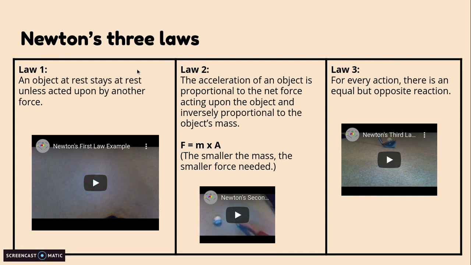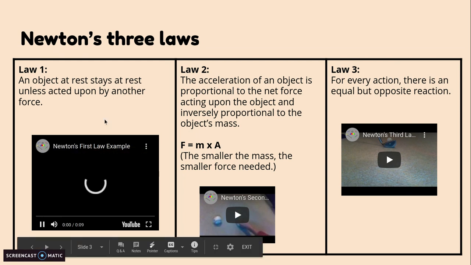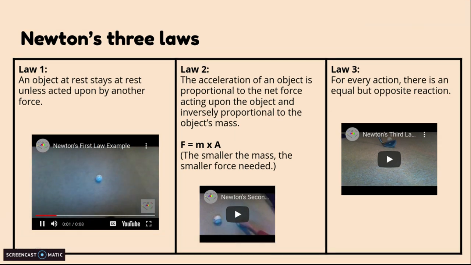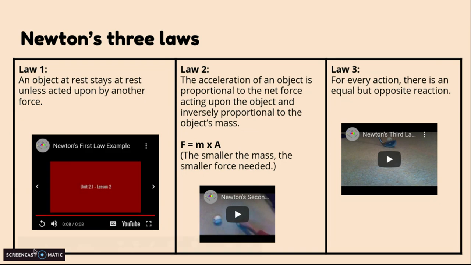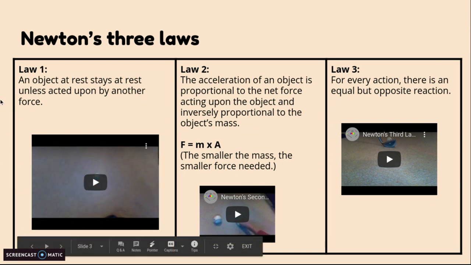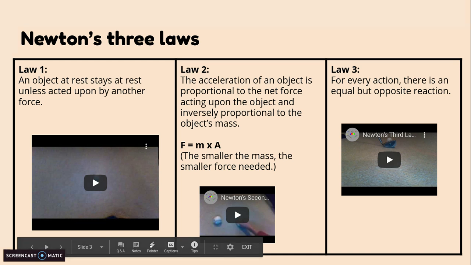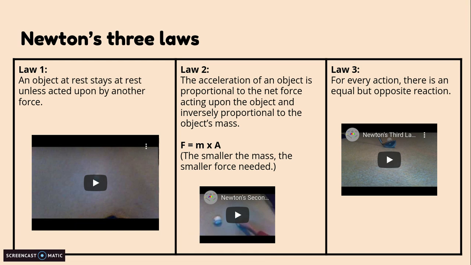I basically just say the same thing that it says above. That's kind of pointless if you think about it. I mean, not the law, obviously. The law isn't pointless. The video, because all I do is push a plastic golf ball around. But that really is an example. That golf ball stayed at rest until it was hit by another force, which was my hand.